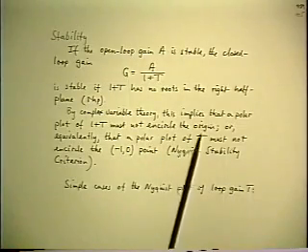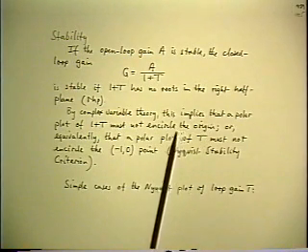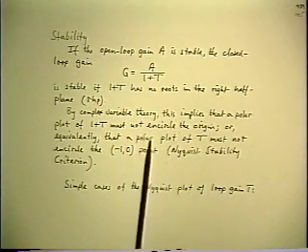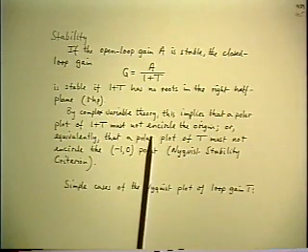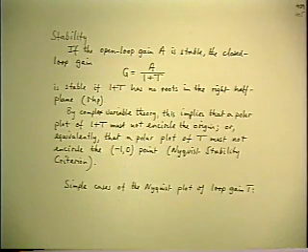And what Nyquist did was show that if that closed contour for F does not encircle the origin of the polar plot, this is equivalent to saying that there are no roots in the right half plane.